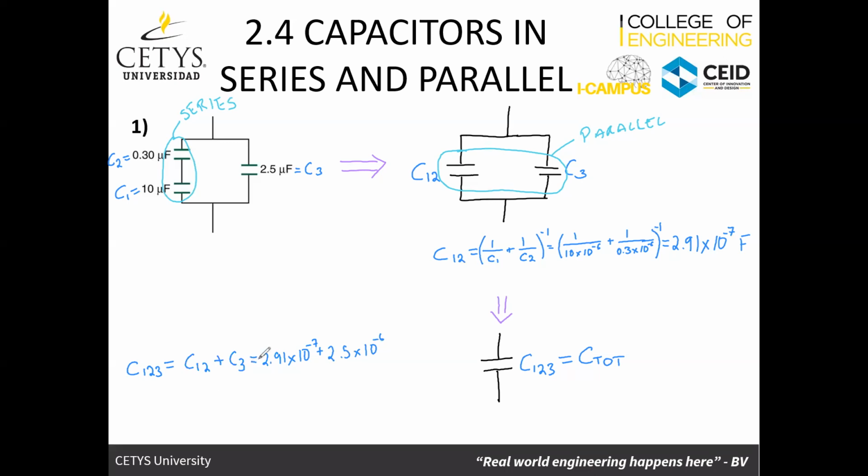And so the total capacitance is 2.79 times 10 to the minus 6 farads, and this would be 2.79 microfarads. And that would be our total capacitance, or our equivalent capacitance.